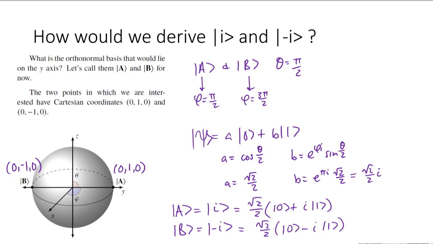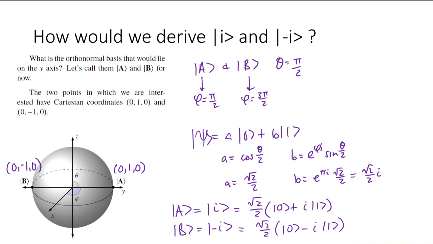So if we want to define theta and phi for A and B, we can take theta equals pi over 2, and for A, we have phi equals pi over 2 as well, and for B, we have phi equals 3 pi over 2.